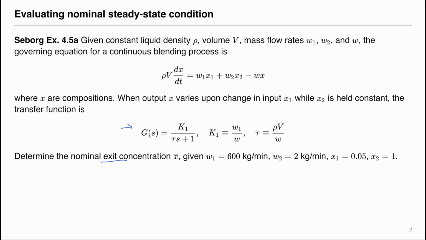So at nominal exit concentration, we have steady state. At steady state, the time derivative goes to 0. On the left, we have 0, and on the right, all the inputs and outputs go to steady state values.